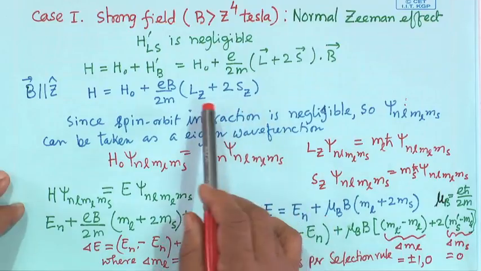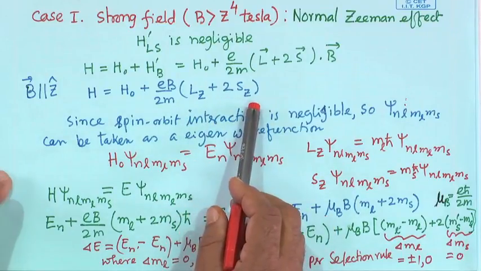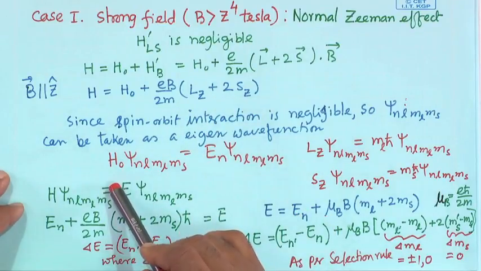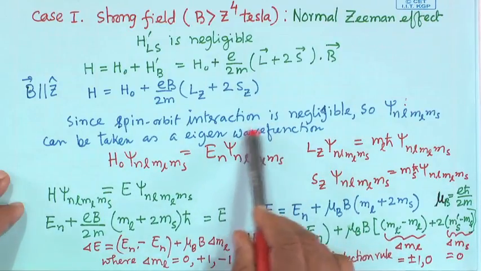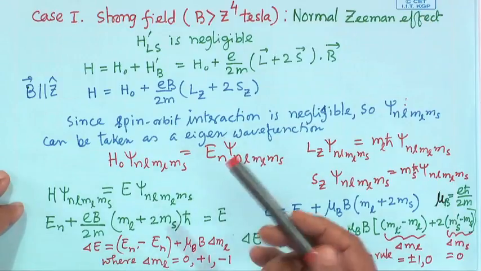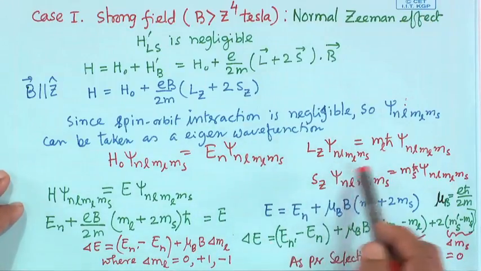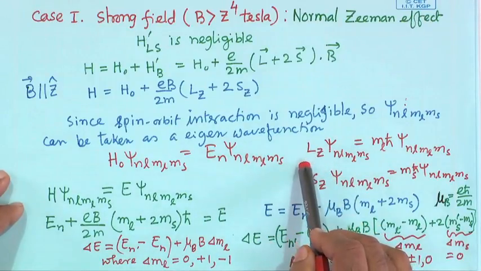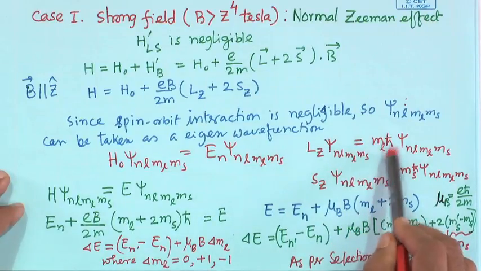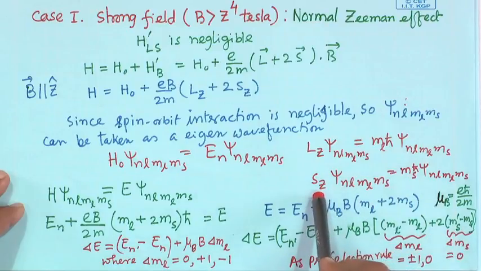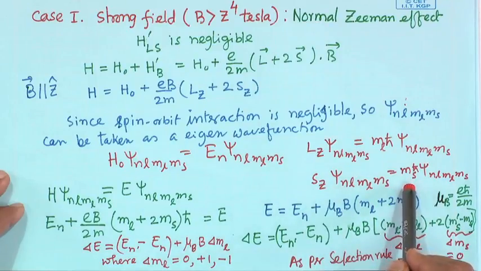And it is true that L z and S z commute with H 0. So this psi n l m l m s is basically a wave function of L z and S z also. If we apply L z on this wave function, we will get the eigenvalue m l h cross, and for S z it will be m s h cross.